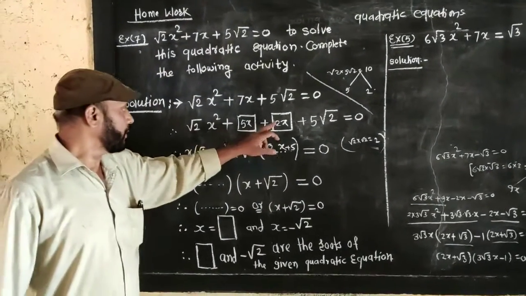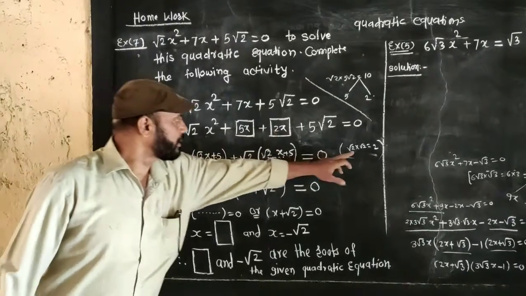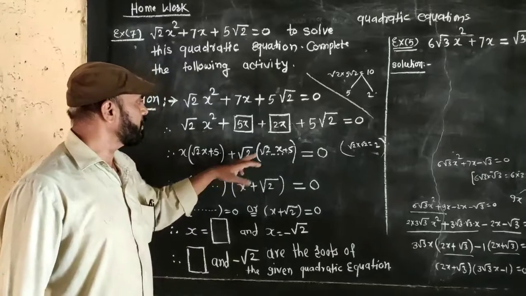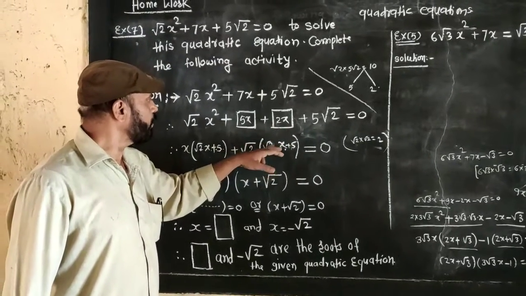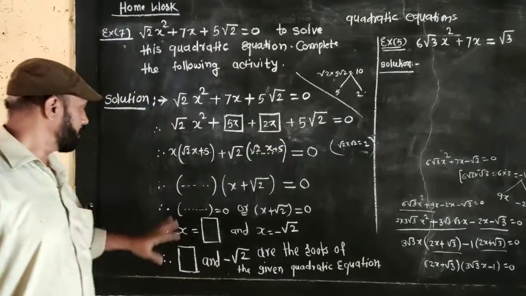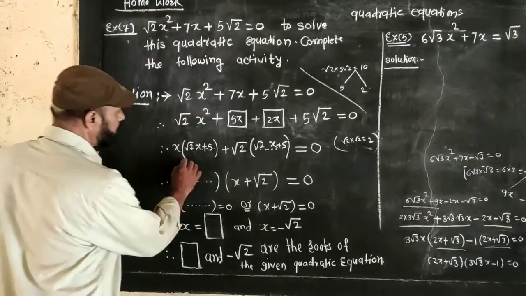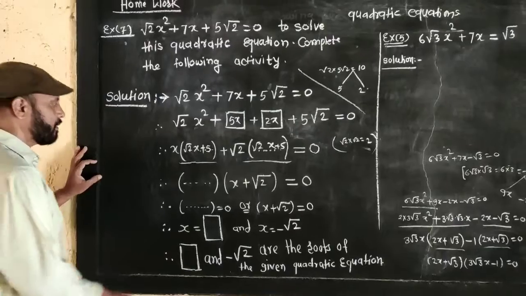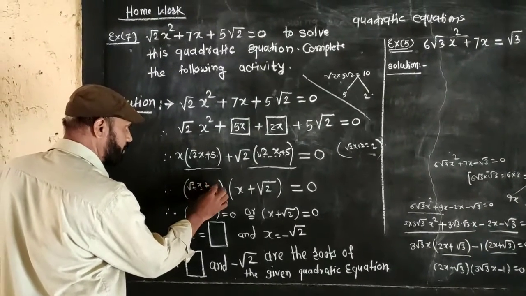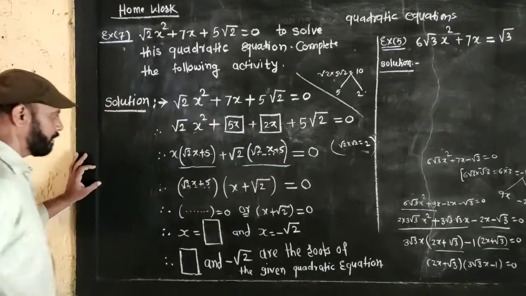Root 2 into, splitting these two just like this, root 2 into root 2. So taking one root 2 common, from here we get root 2 into x. Again taking this root 2 common, we get 5. So again taking this bracket common, we get root 2x plus 5.